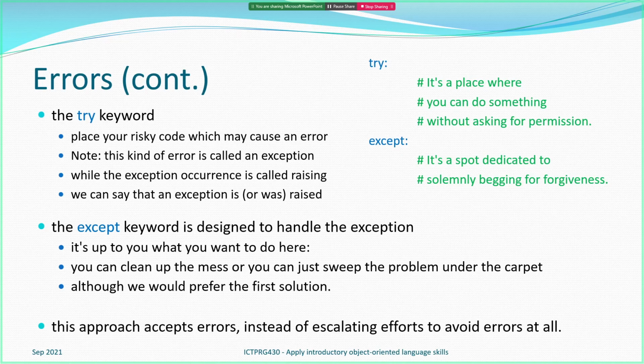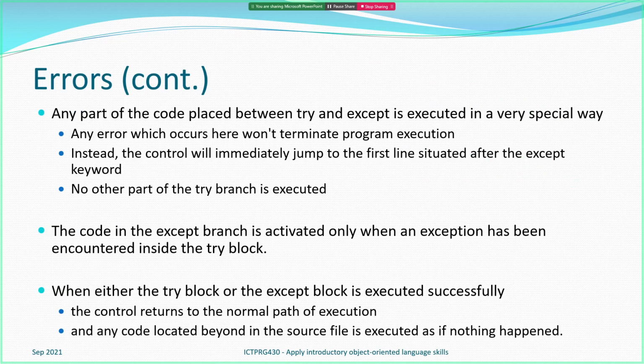Now, under normal conditions, an error will terminate the program. But if we put it in the try section, your program doesn't get terminated. So we've got a get out of jail free card, to put it in Monopoly terms. The program doesn't terminate.